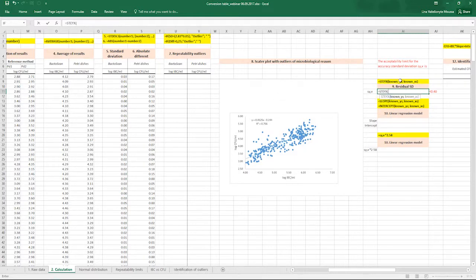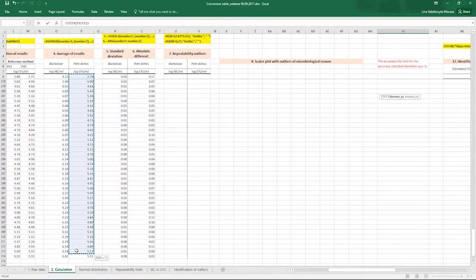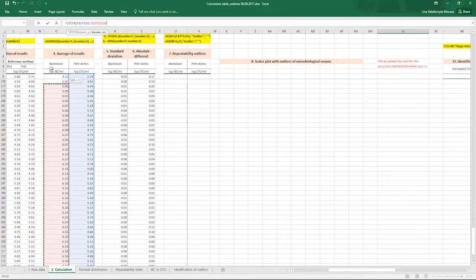It's highlighted on top, and then we are using known Y scale. So known Y scale is the average results of logarithmic CFU per milliliter from the reference method. And then we have to choose known x-axis, so it will be logarithmic IBC per milliliter.